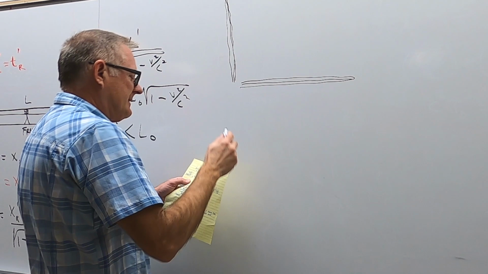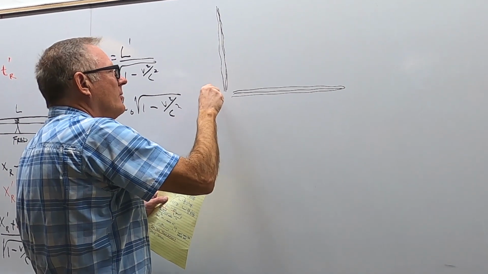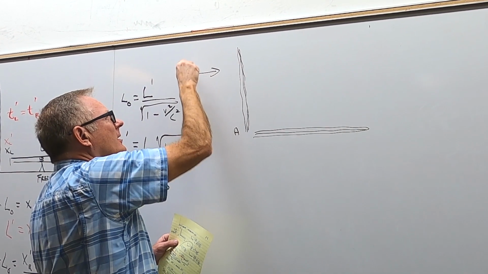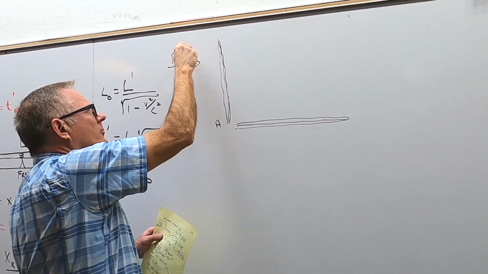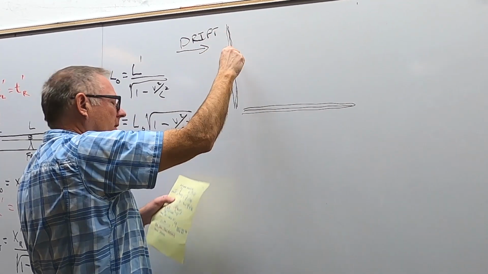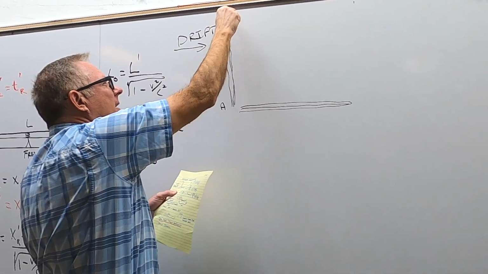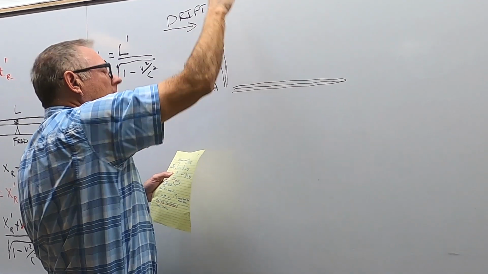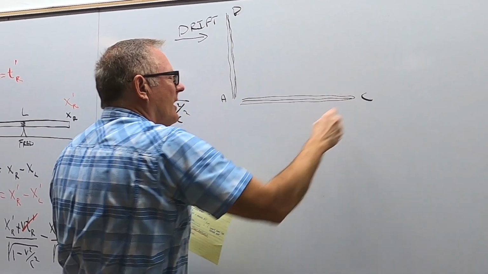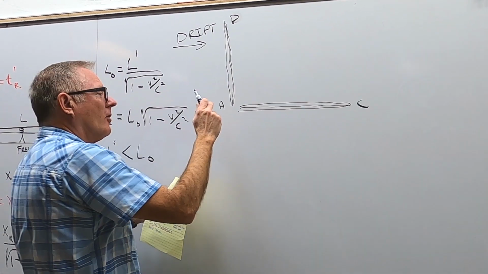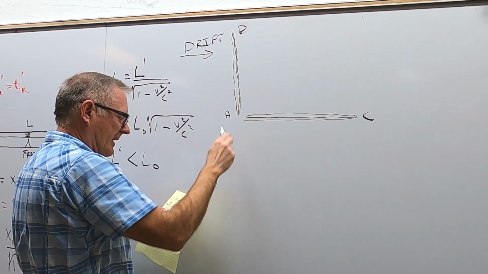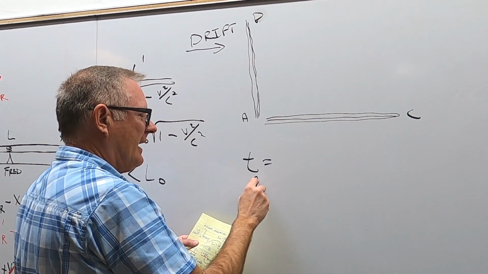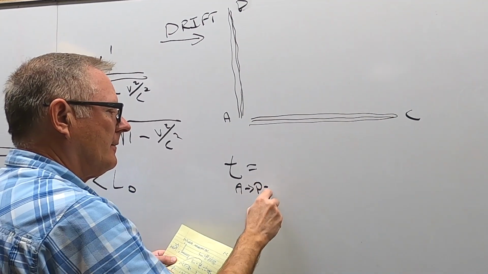And we said the drift, the ether drift, was going this way. And we said this was A and D, and this was C. And we said the time it took to go from here up and back down again, if you look back at the notes, this was A to D to A.